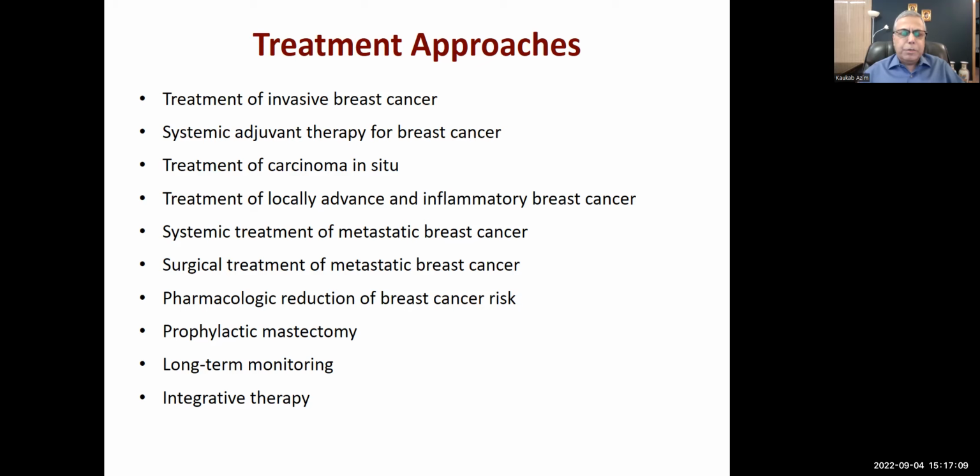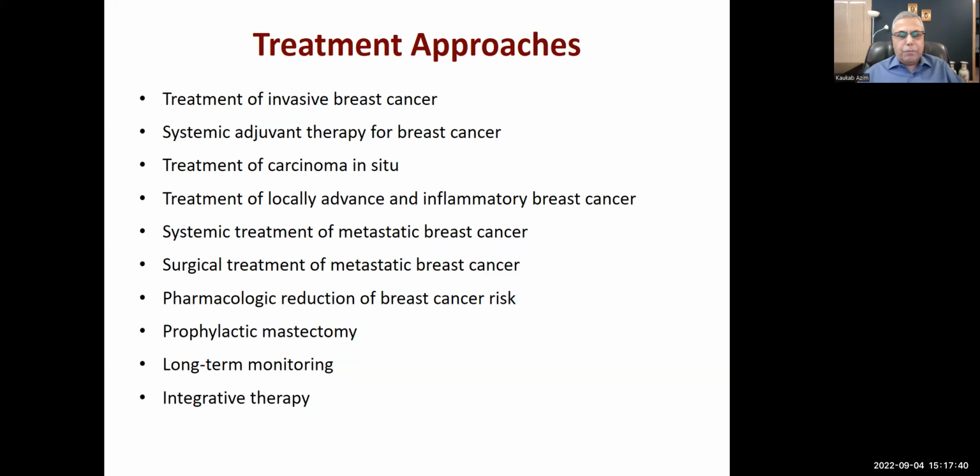Previously, people used to say that if you resect or remove the primary tumor, then the secondary cancers start growing very rapidly, at a fast speed. Now that myth has been dispelled, and people have introduced a role of surgery even in metastatic cancers, which includes breast cancer as well.